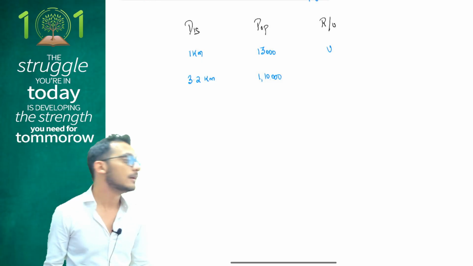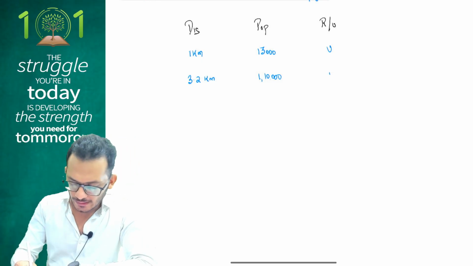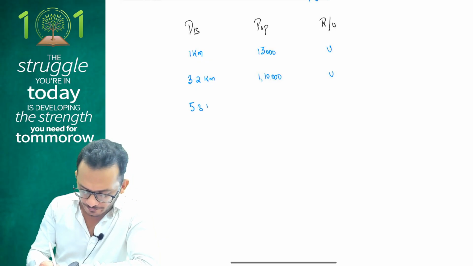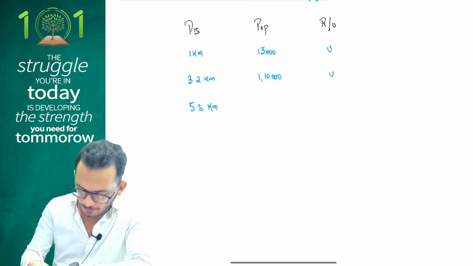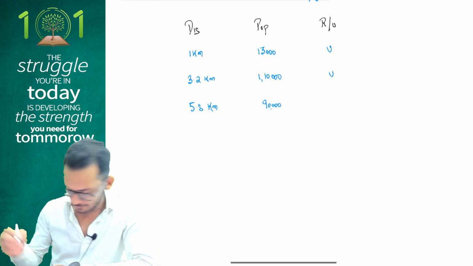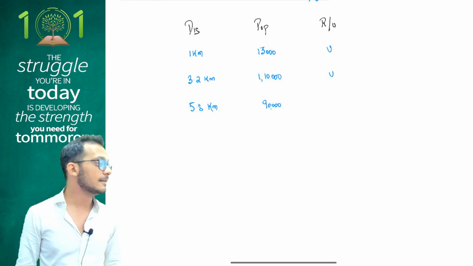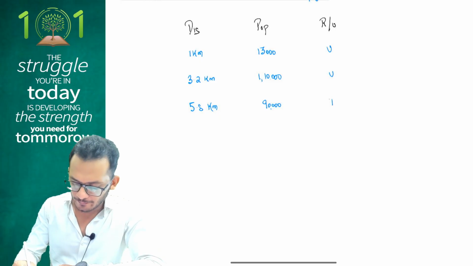This is urban. I am sitting at a distance of 5.8 kilometers and my population size is 90,000, because less than 1 lakh, this is becoming a rural land.